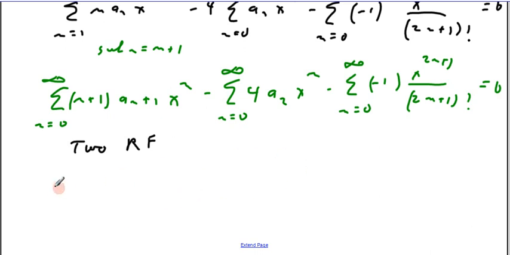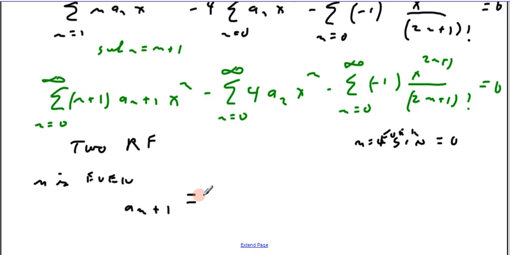So if I look at when n is even, then the sine function is 0 for n even. Sine is 0. So the sine function goes away, and my recurring formula becomes a n plus 1 is equal to 4 a n divided by n plus 1.